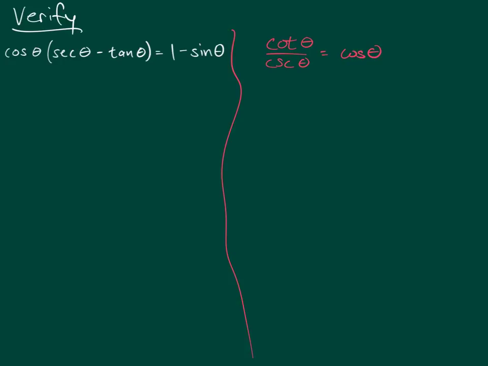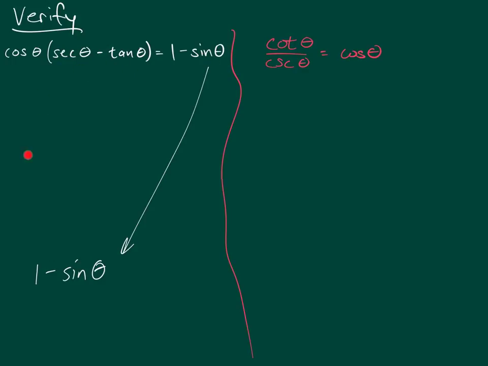So what does that mean for you? That means you need to write your goal down here. So my goal is to manipulate this left side so that I get 1 minus sine of theta. We're basically proving that this left side equals this right side.